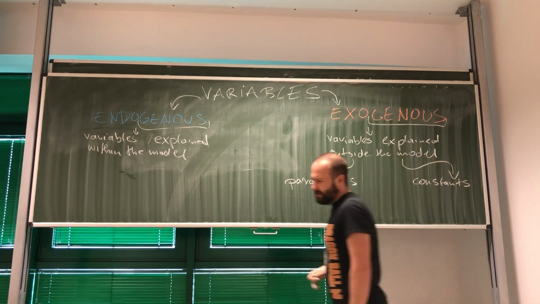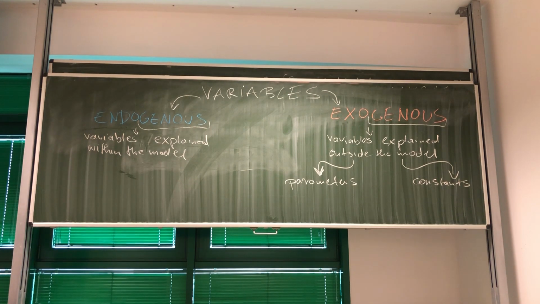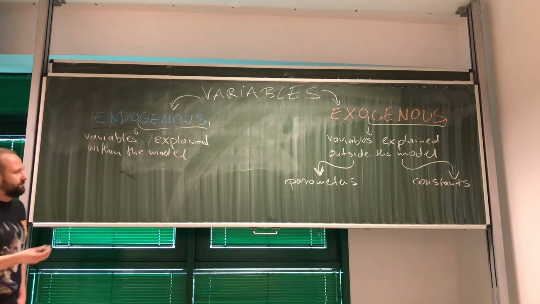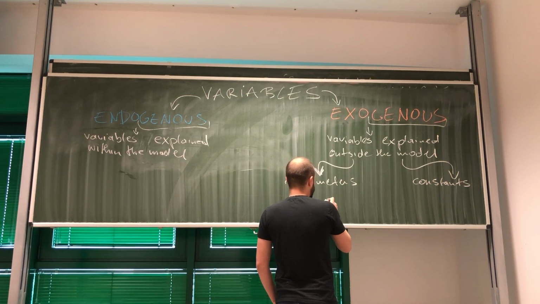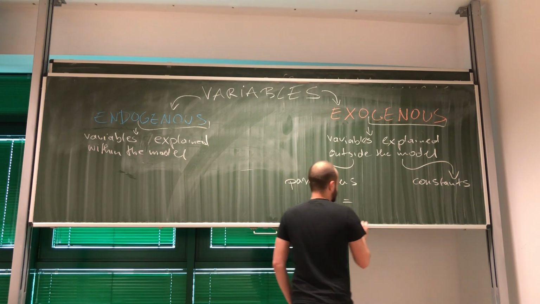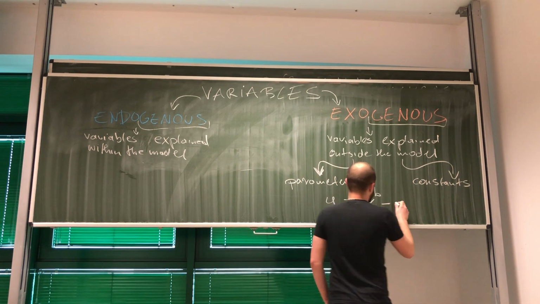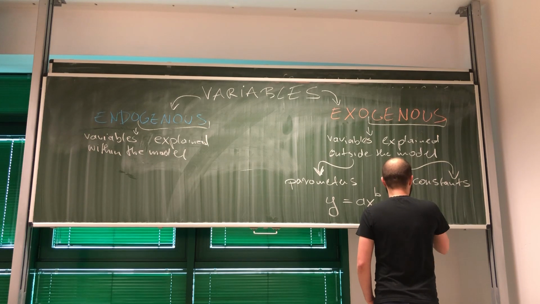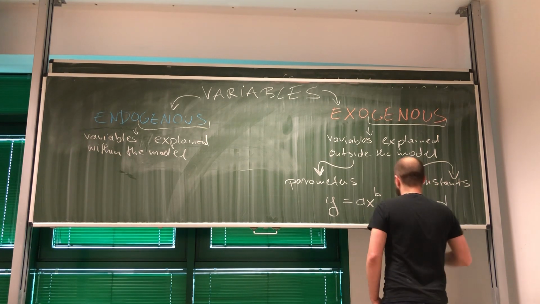And here the distinction is straightforward, like from a mathematics class. If we have a function, let's just say y equals ax to the power of b minus cx plus d.